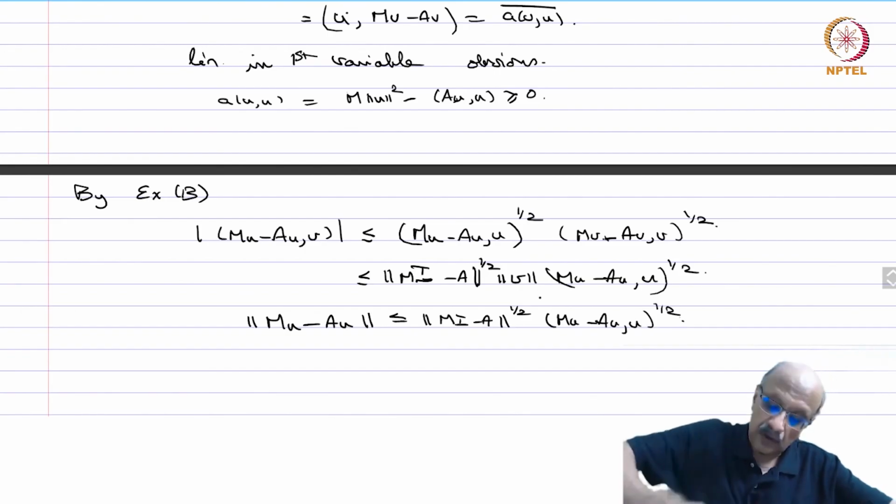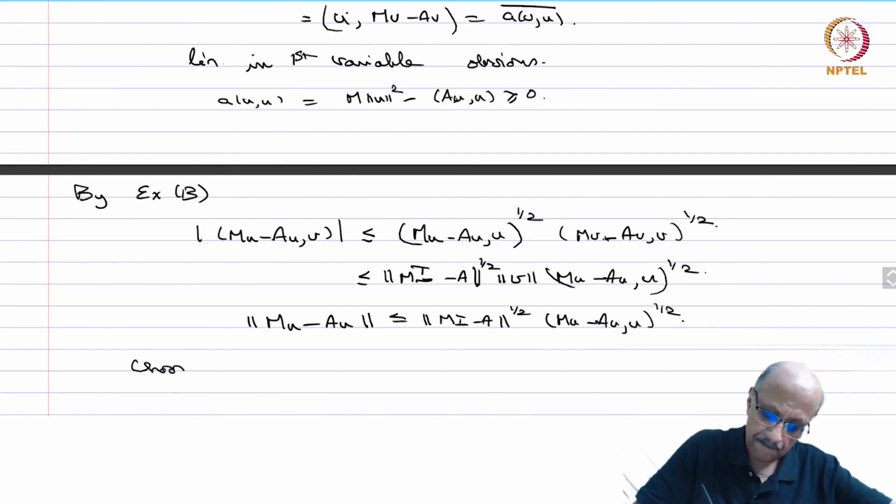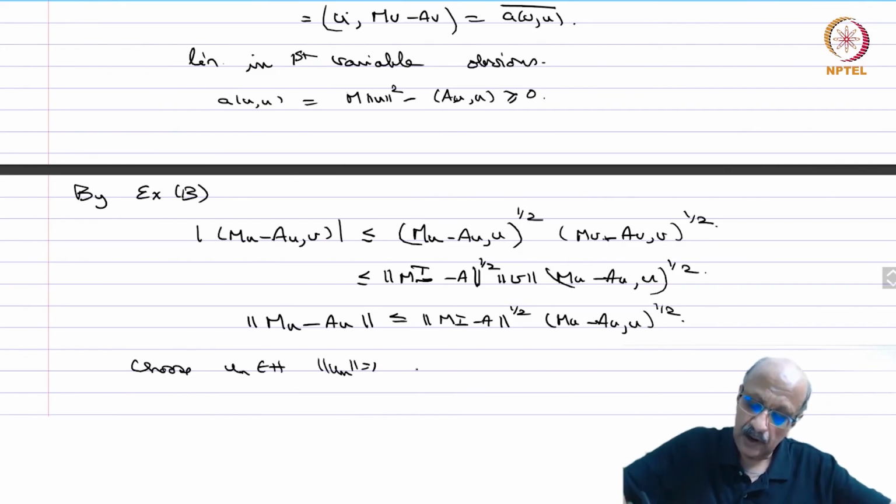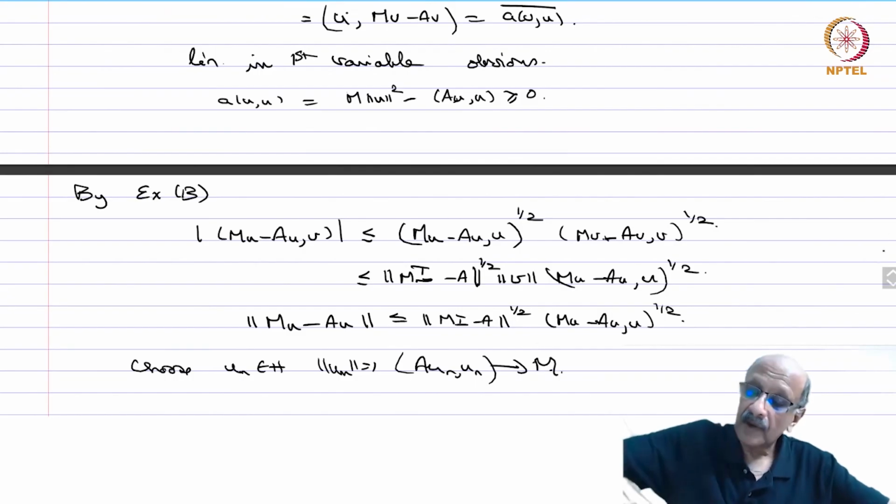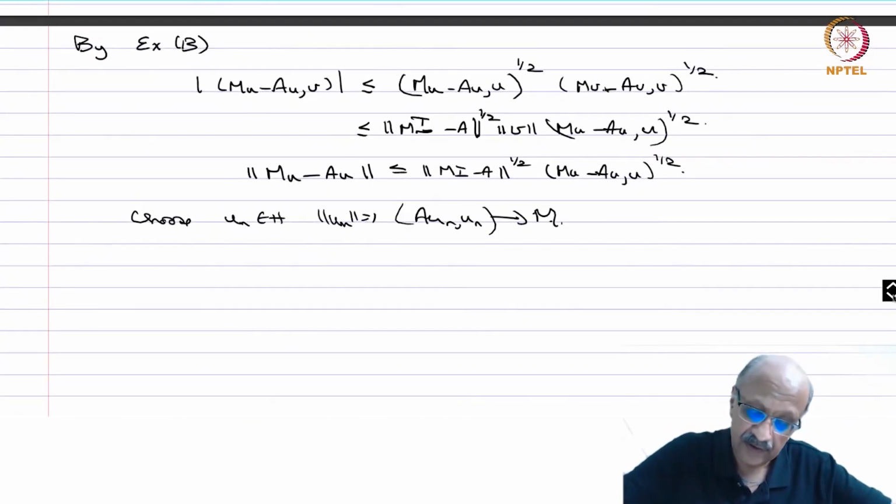Now you choose u_n in H, norm u_n equal to 1, and (Au_n, u_n) tending to M. This is the supremum, so you can always find such a sequence.